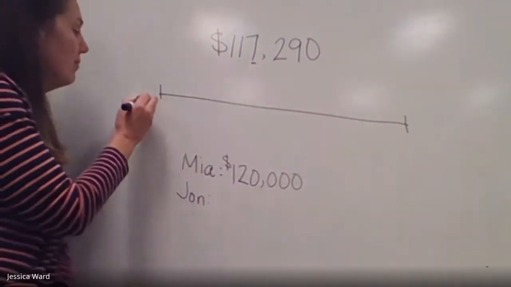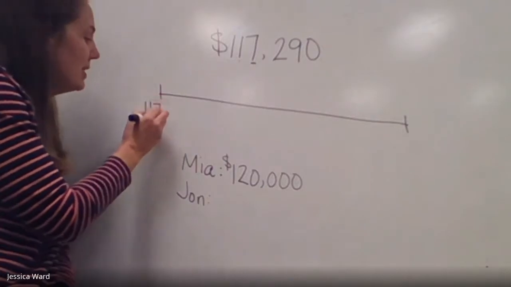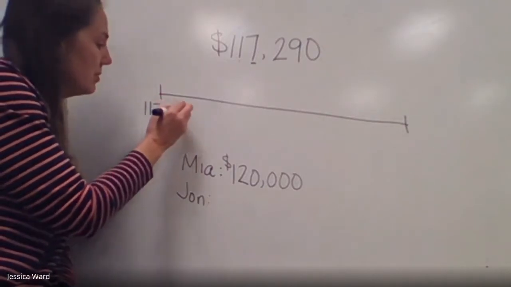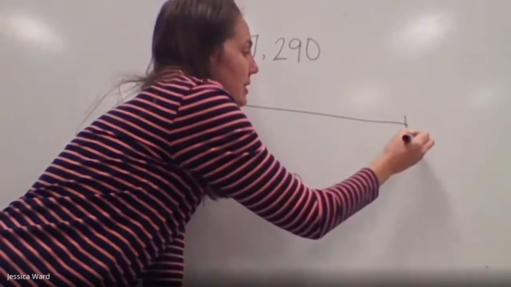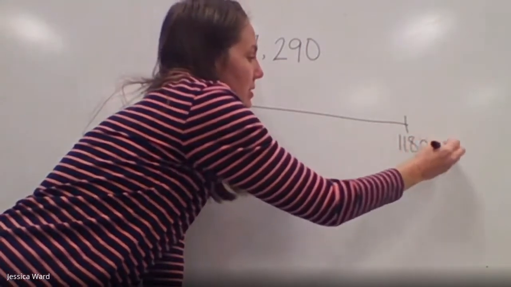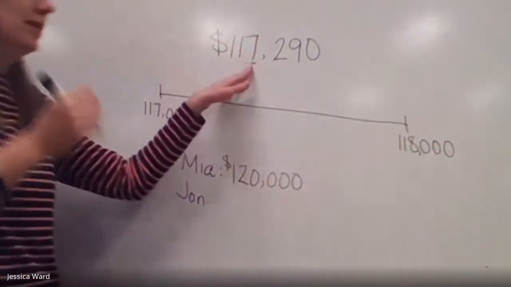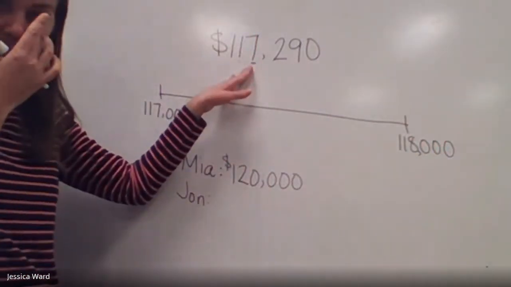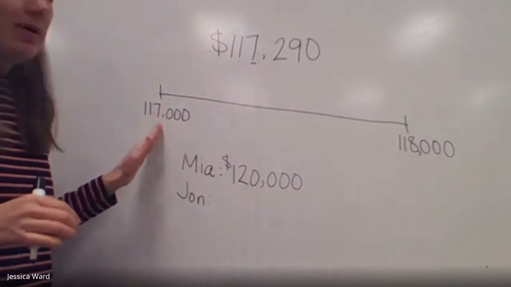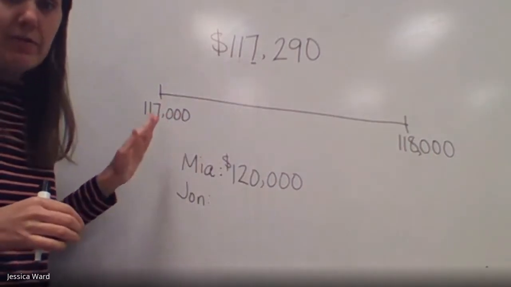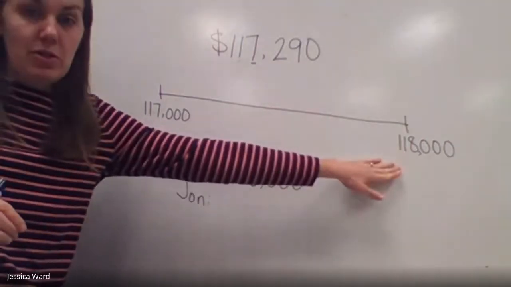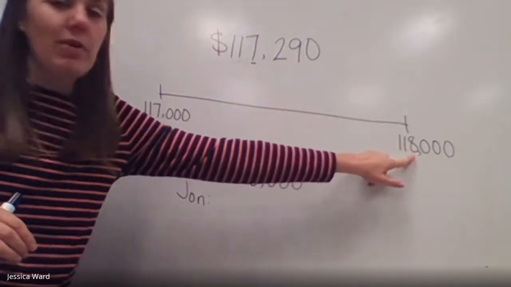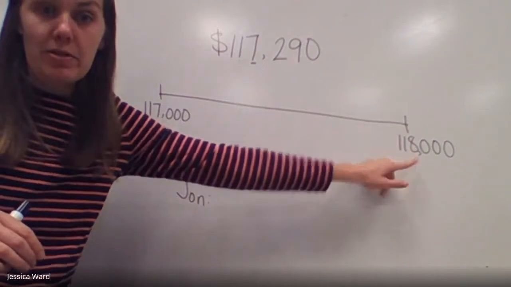So I would have 117,000, and I would have 118,000 on the other side, because I'm just looking at the thousands place. If I were just counting by thousands, I would have 117,000. The next 1,000 would be one more than the 7, 118,000.